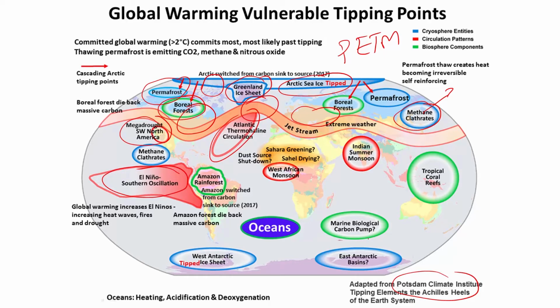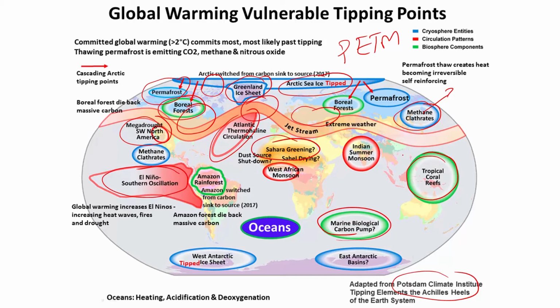Oceans: we don't know what will happen to the oceans' ability to take up carbon through the biological pump. The Antarctic ice sheet obviously remains a vulnerable entity. African monsoon, Indian monsoon: we don't know what Sahara and Sahel will do. Coral reefs, we said, are already uniquely threatened systems which are at high risk, and so on.